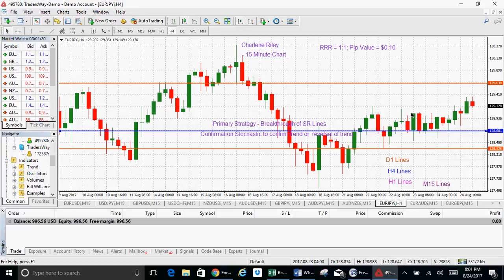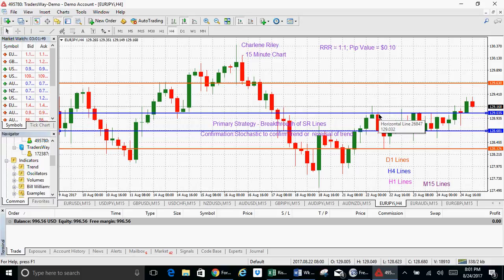And it looks like a good line here as well. 2, 3, 4, 5, 6, 7, 8. Okay, that's a good line there as well.